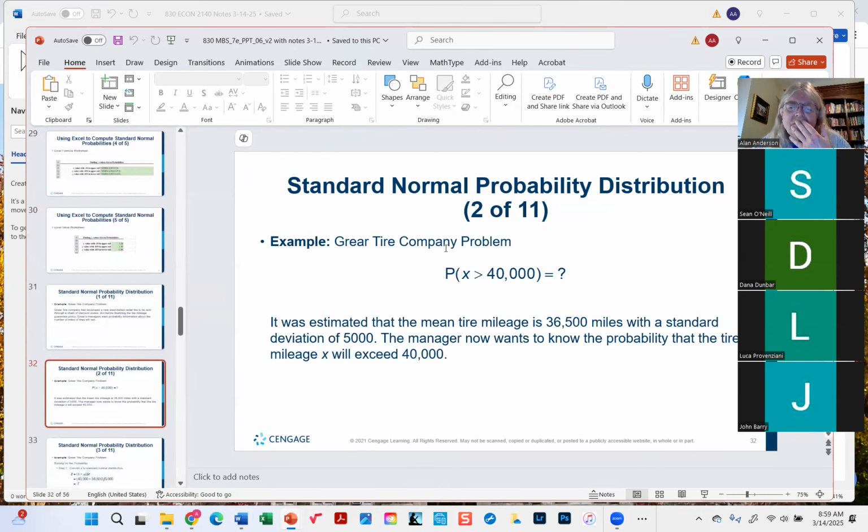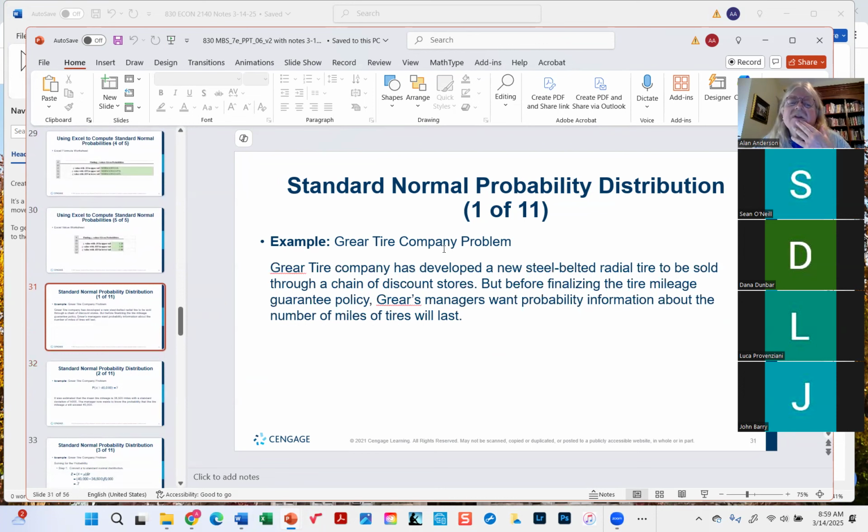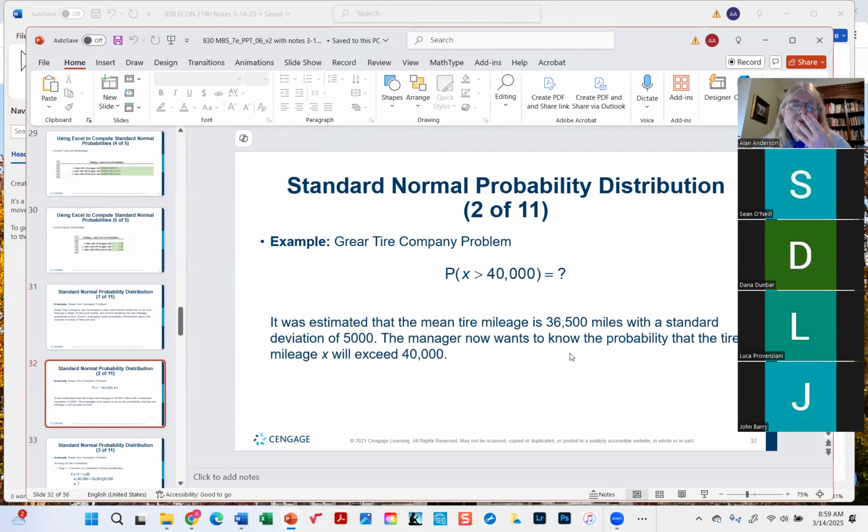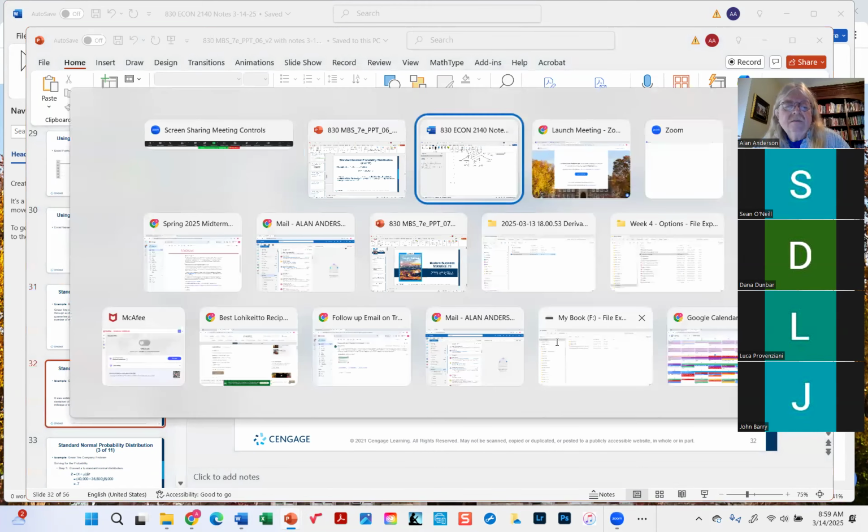So let's see, what do we have here? Ooh, all right. So let's do this example they're giving us here. We have this tire company. They want to know how many miles the tires will last. Okay. So let's assume that the mean mileage is 36,500 per tire.